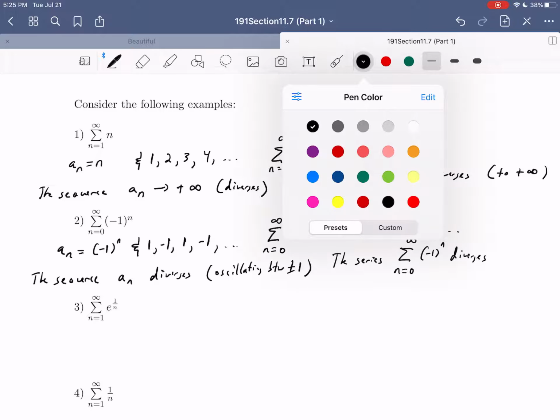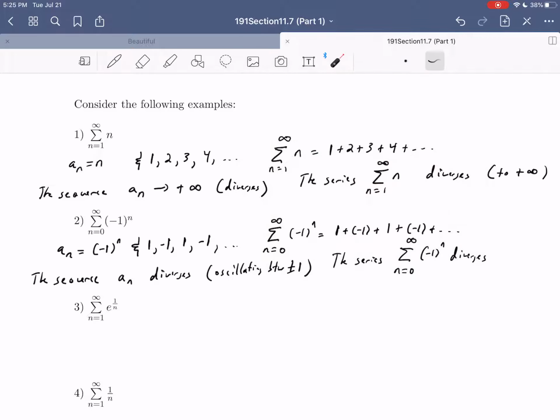Now, we should be a little careful here. This is our first subtle moment. While the sequence is obviously oscillating between plus or minus 1, does that mean that the series is? Not really. If you imagine adding these up, you would have 1, then you would add minus 1, and you'd have 0. Then you'd add 1, and you'd have 1, and you'd add minus 1, and you'd get 0.